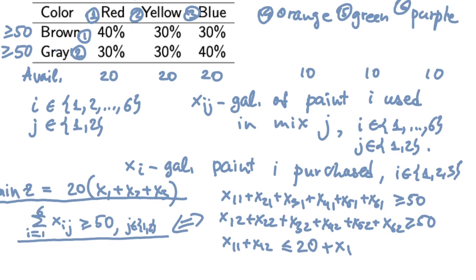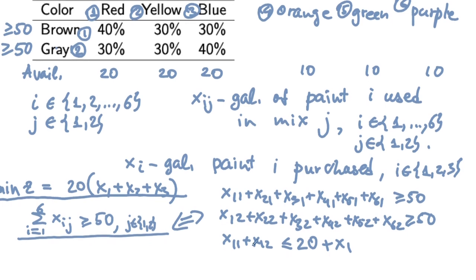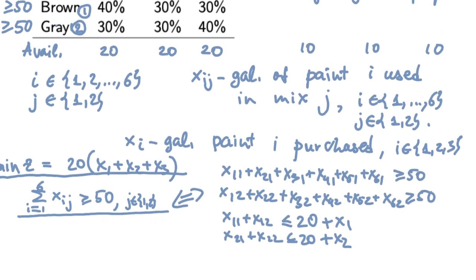Next, we can write the same type of constraints for yellow and blue paints, so let's write them down explicitly. We'll have x21 plus x22 is less than or equal to 20 plus x2, and then for the blue paint we'll have x31 plus x32 is less than or equal to 20 plus x3.